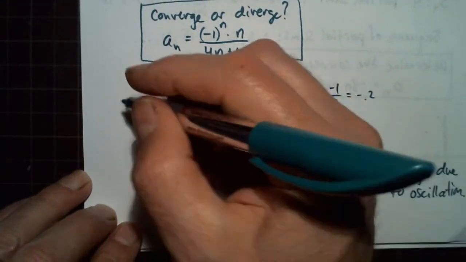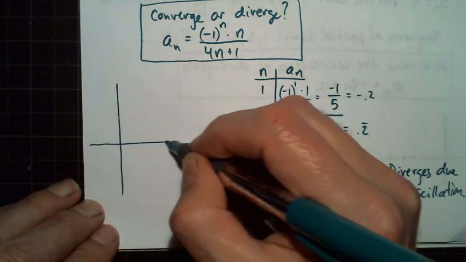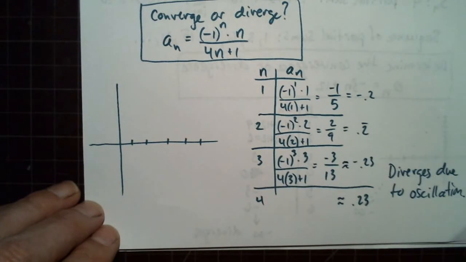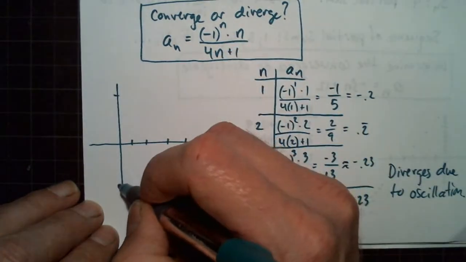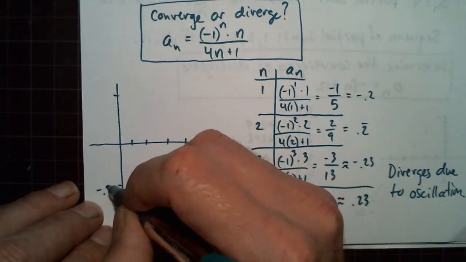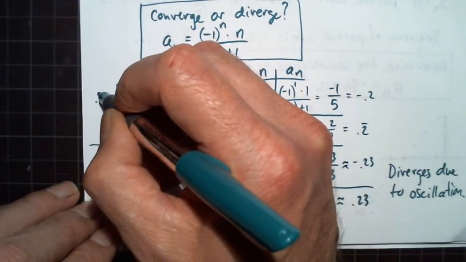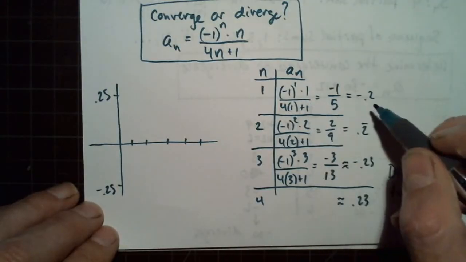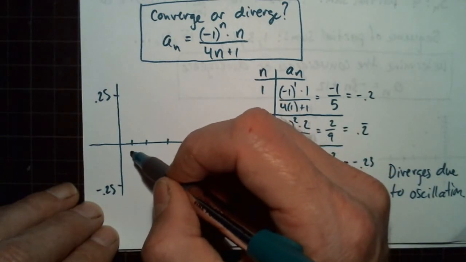And we can see that in the graph. So at 1, we'll be at negative 0.2.